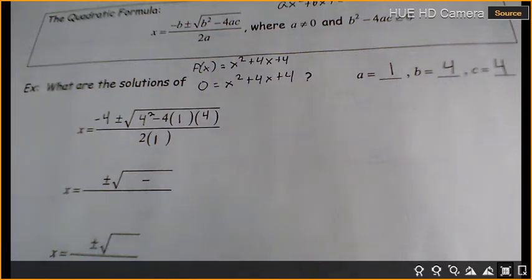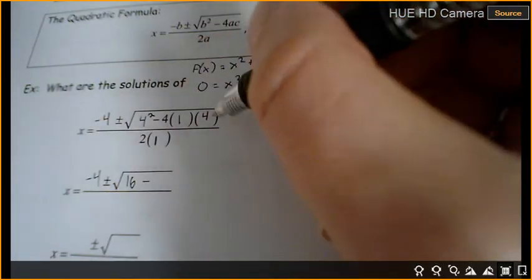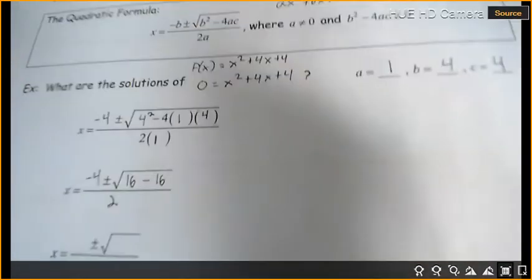Okay, so now we're going to actually solve this. We just bring down the negative 4. What's 4 times 4, guys? 16. And what's 4 times 1 times 4? 16, good. And what's 2 times 1? Okay, so we're going to have the same thing, except we're going to put everything together underneath.